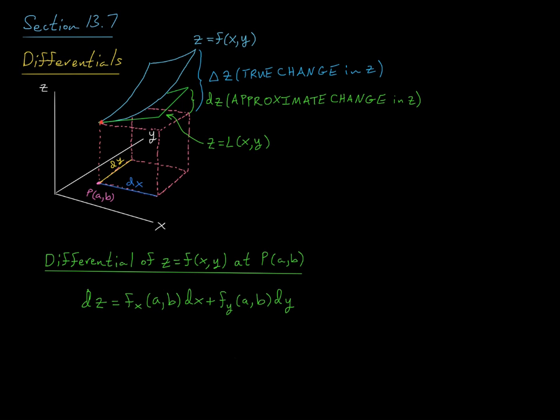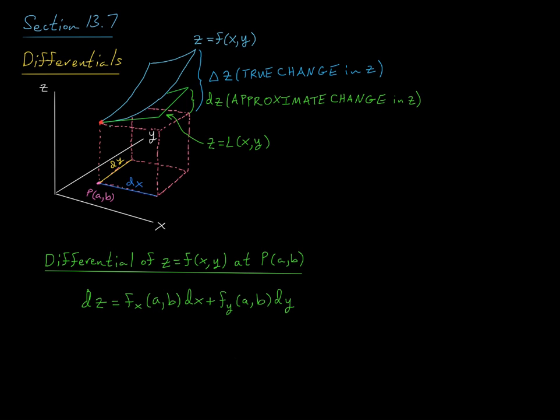Well, now we have to take into account the fact that as we move in the x direction dx units, there's going to be a little change in z that amounts from that. But then also when we move in the y direction, there's going to be a little change there. And the total differential change here is going to be the sum of those two individual changes. So looking down here, I say that the differential of z equals f of x, y at the point P with coordinates a, b is going to be dz equals our partial derivative of f with respect to x times this little incremental change in x.